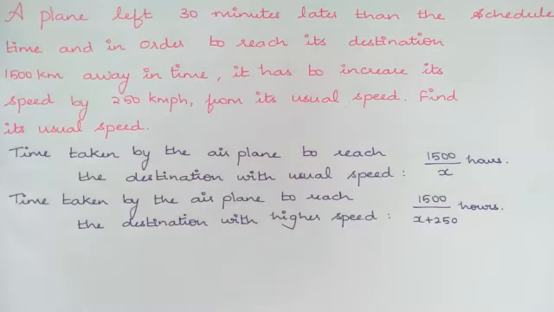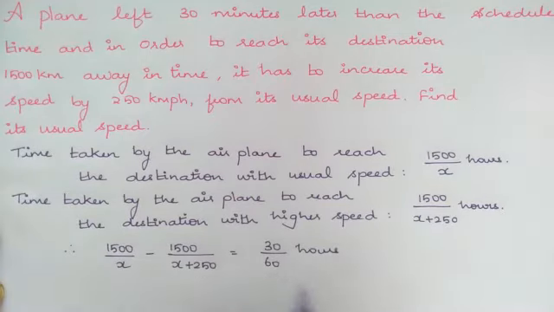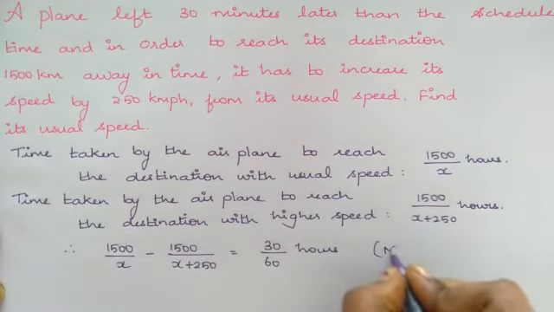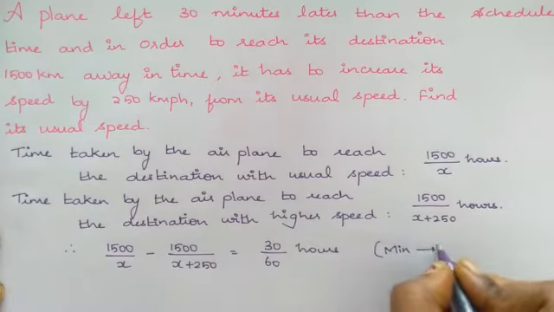So when we convert minutes to hours, 30 minutes is nothing but half an hour. But mathematically it is our duty to show it in steps. So 30 by 60 hours, which is nothing but 1 by 2 hour. So the difference in time is 30 by 60 hours, since we have converted minutes to hours.